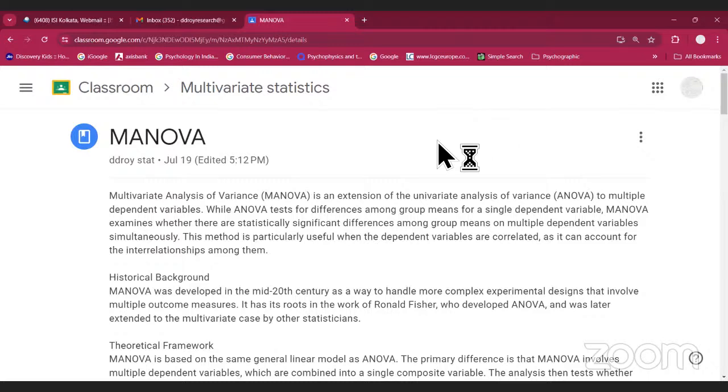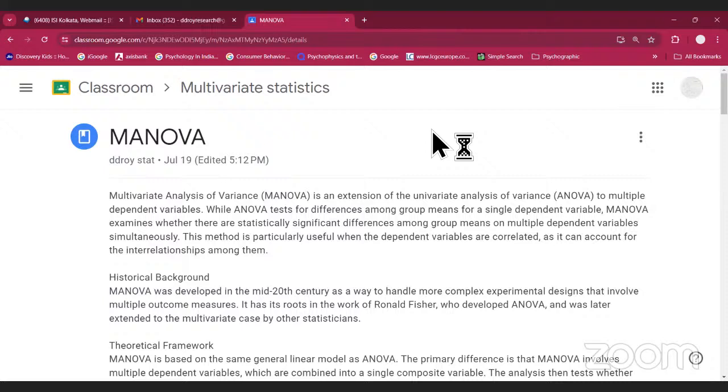Multivariate analysis of variance is an extension of the univariate analysis of variance, ANOVA, to multiple dependent variables. ANOVA tests for differences among group means for a single dependent variable.